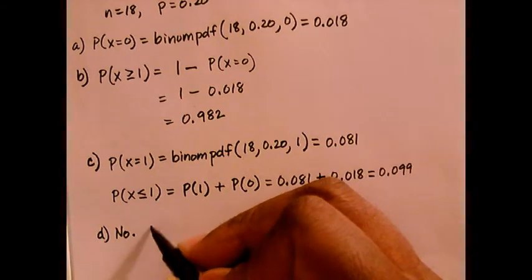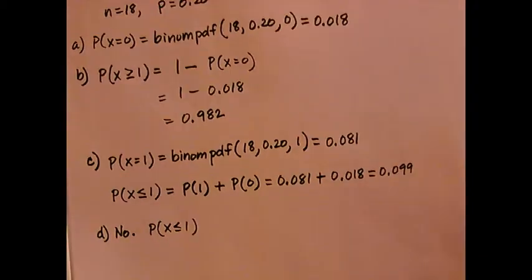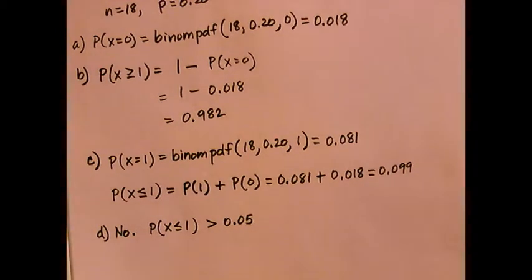And the reason for that is, if we look at the probability that x is less than or equal to 1, that value is bigger than 0.05. So in this case, it is not wrong for the share value of 20% in this particular situation.